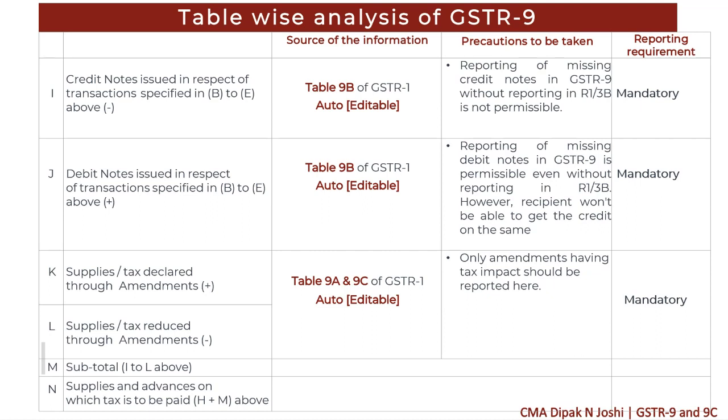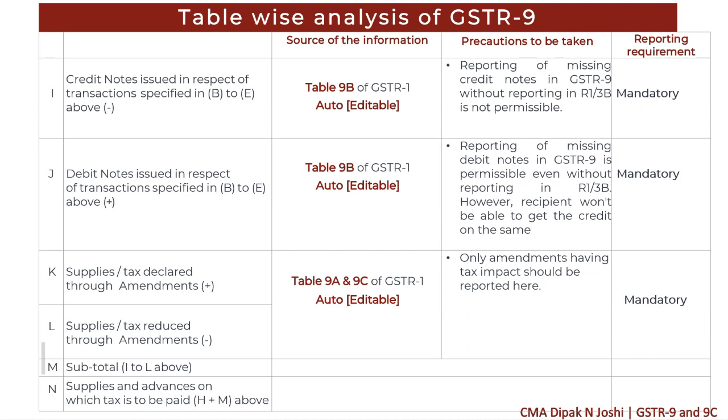However, whenever you want to report any debit note, the ideal way is to report such debit note in GSTR 1, then in GSTR 3B, and consider such debit note in GSTR 9. Because if you are not reporting such debit note in GSTR 1, your recipient is not going to get the credit because it will not auto-populate in GSTR 2B, and he won't be able to get the credit of such debit note.